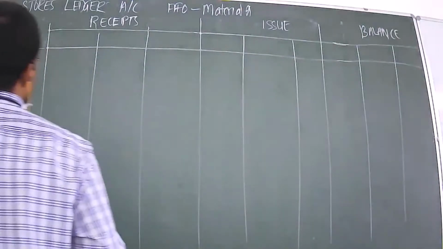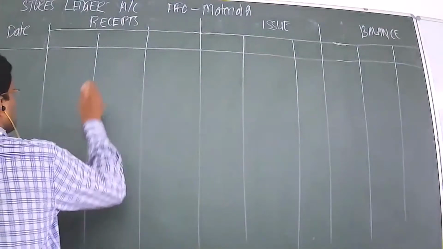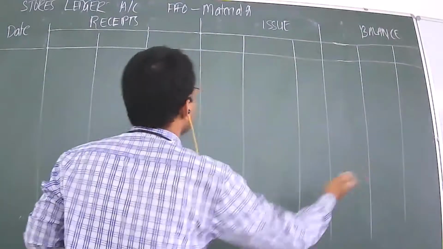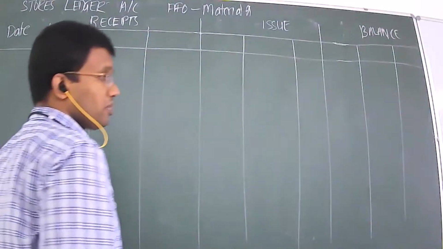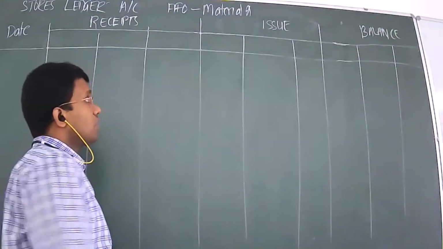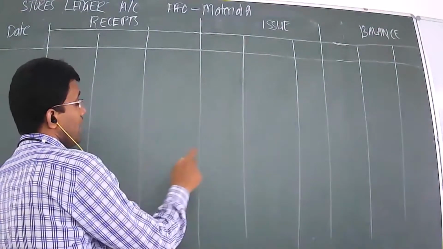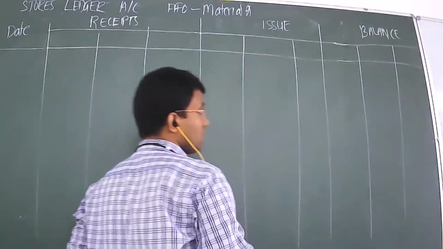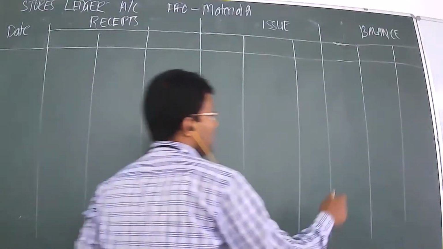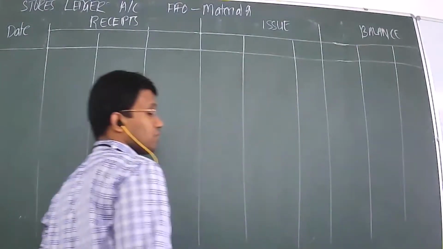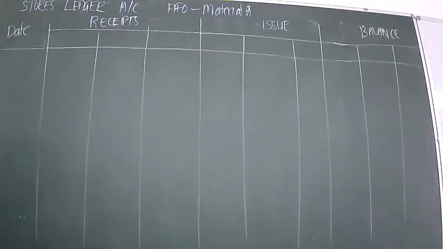Now, the store's ledger account has got three important sections: receipts, issue, balance. Receipts, any kind of purchase that your business carries out, would be recorded in receipts. Any kind of issue that your business carries out would be recorded in issue. Then whatever is your closing balance for the material as on that day gets recorded in the balance column.